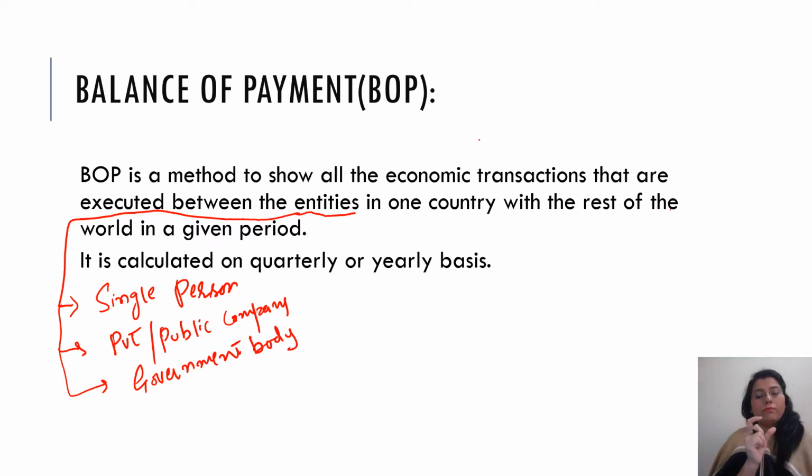So in one particular country, if a single person, private or public company, or government body does any kind of transaction with the rest of the world, all those economic transactions will be recorded in balance of payment.